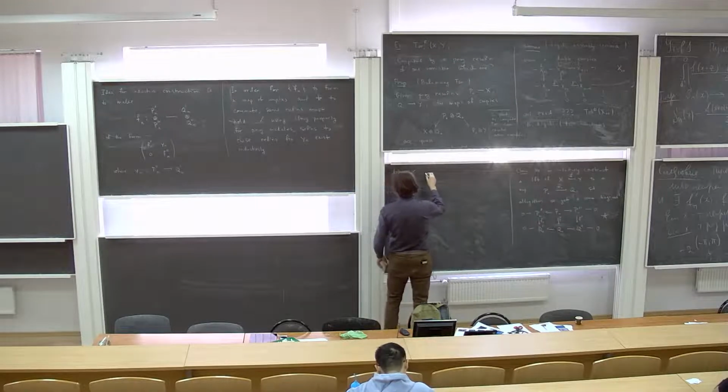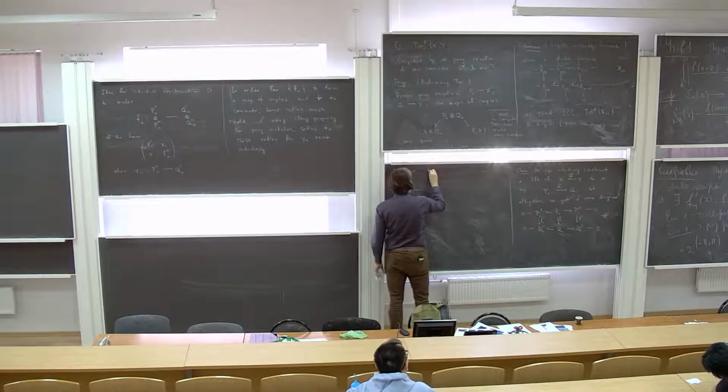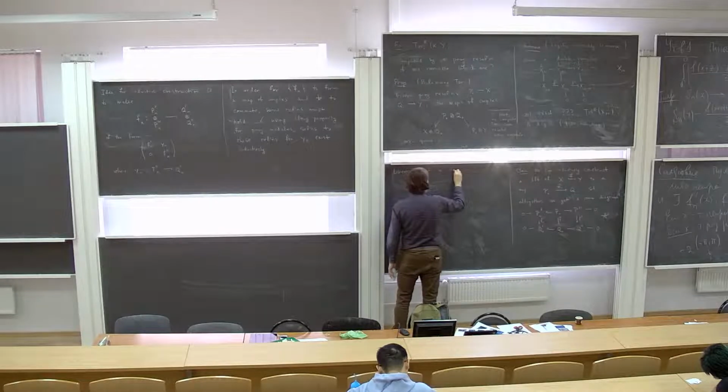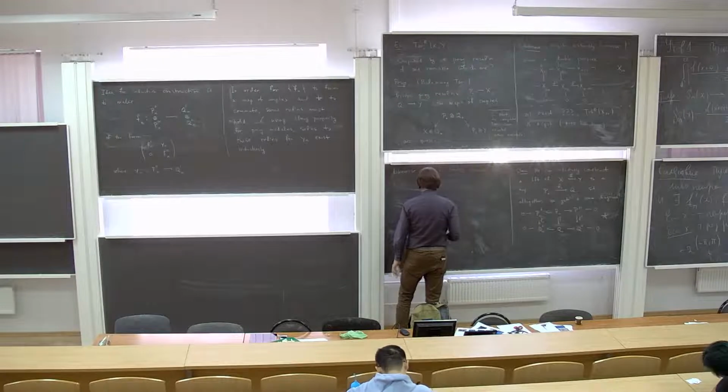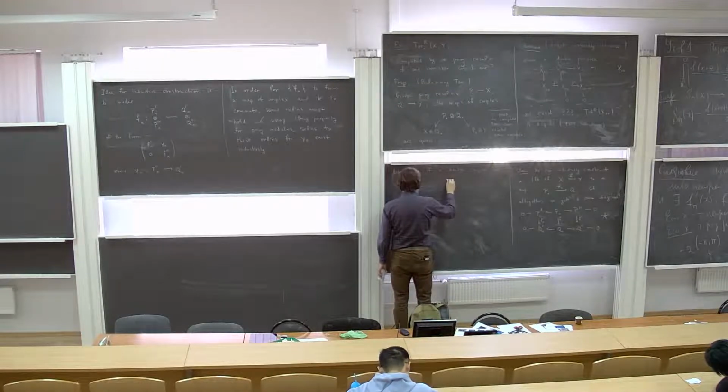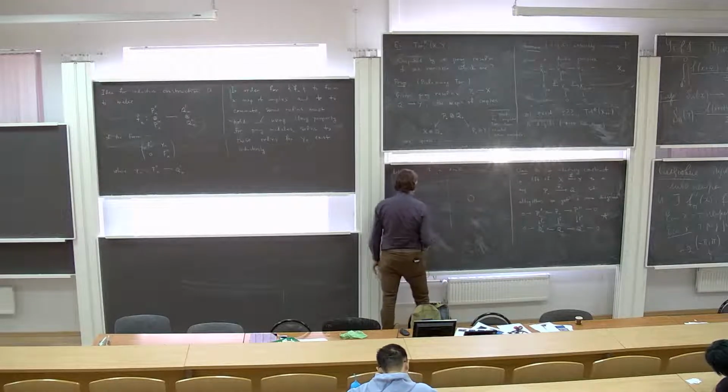So likewise, if a double complex looks as follows, so it's like this with zeros over here.